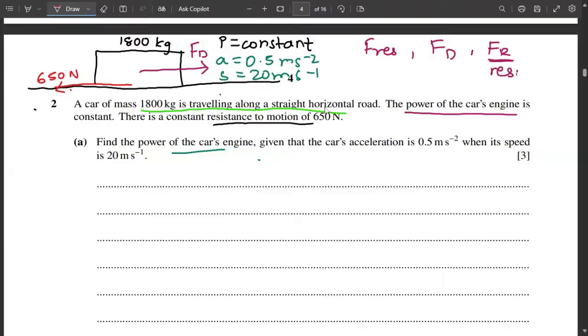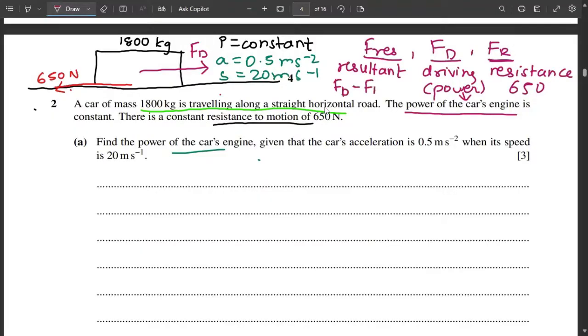That is the resistance force, which is 650. The other is FD, the driving force, which is caused by the power of the car's engine. And next is the resultant force. The resultant force is nothing but the driving force minus the resistance force.